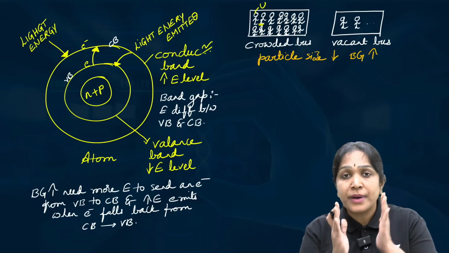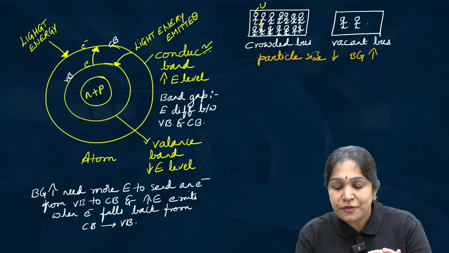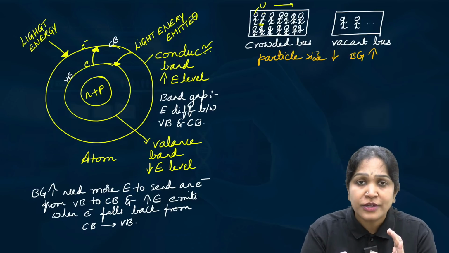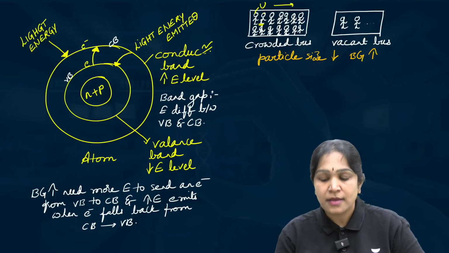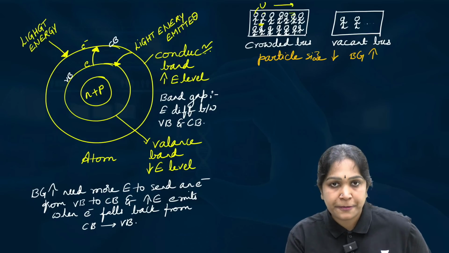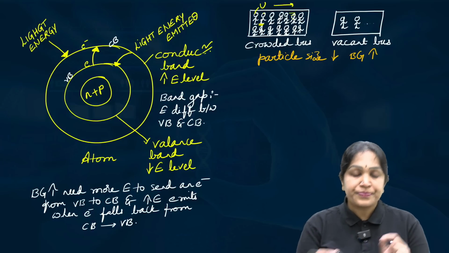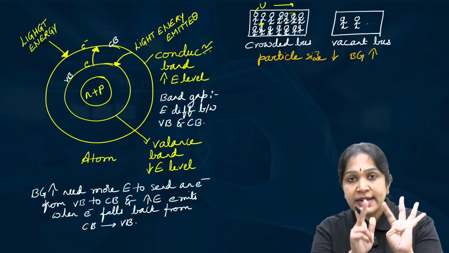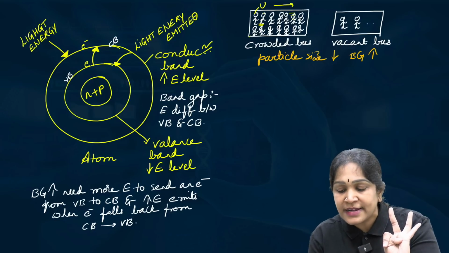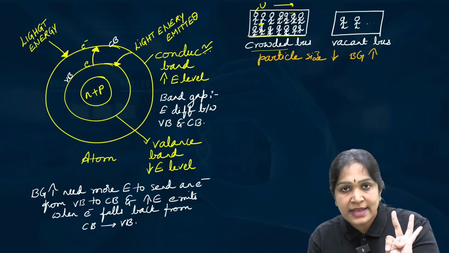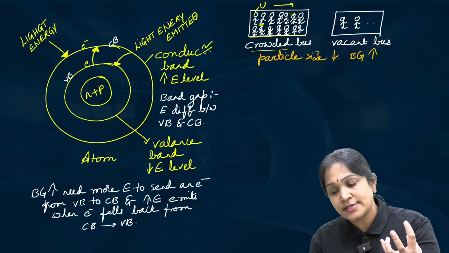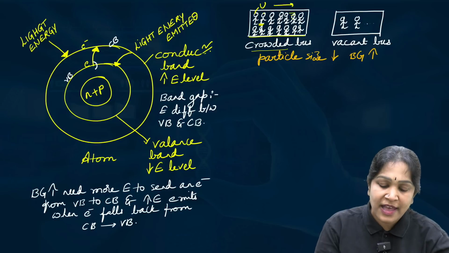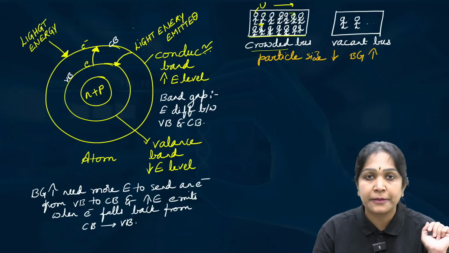If you want to push this man forward in a crowded bus, you need a lot of energy because there is no space here. Same way, when the particle size is very small, the electrons inside the atoms are crowded and congested like this. So you need a lot of energy to push the electron from the valence band to the conduction band.